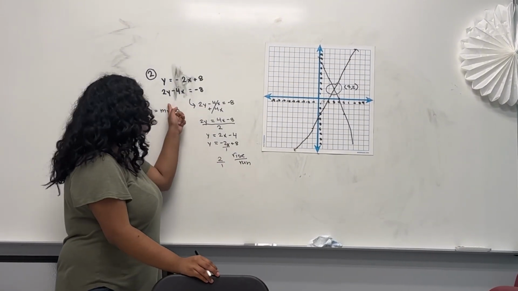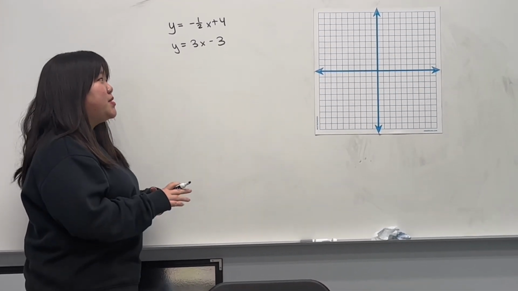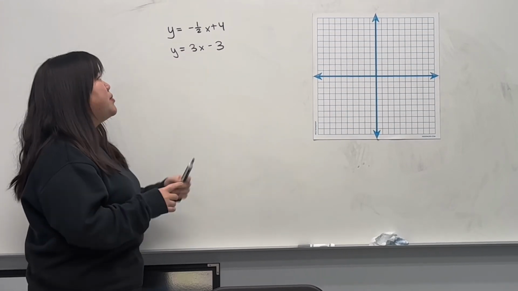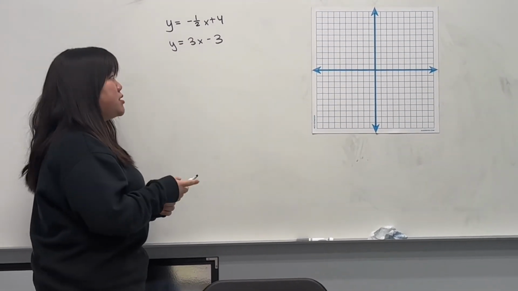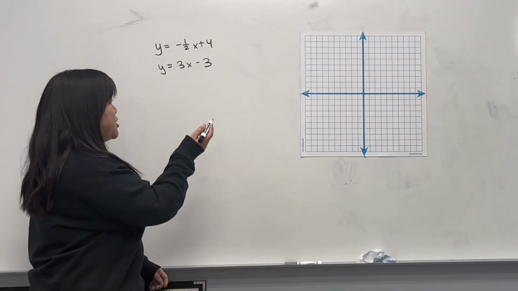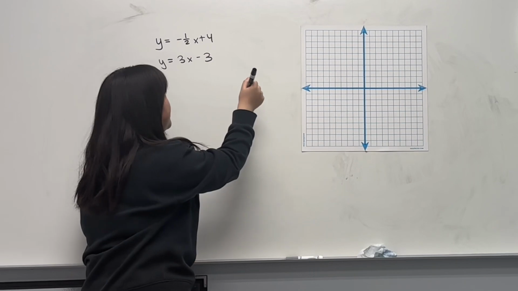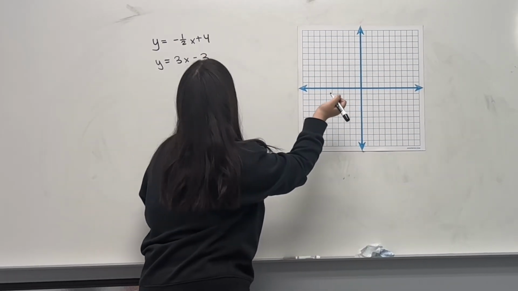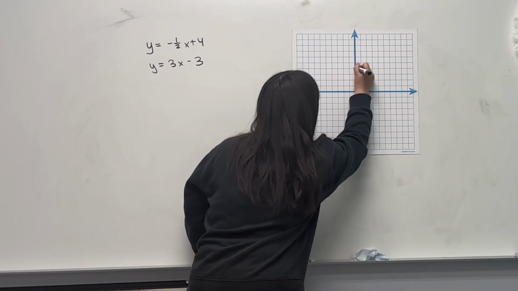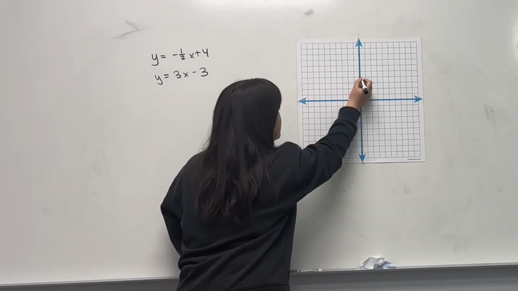system of equations. Okay, so this problem is a little bit different from the other two we did, because there's a fraction for the slope instead of just a number, and we still graph it the same. So we still start with the y-intercept first, which is 4, which is right here, and then since it's negative, we're also going down.